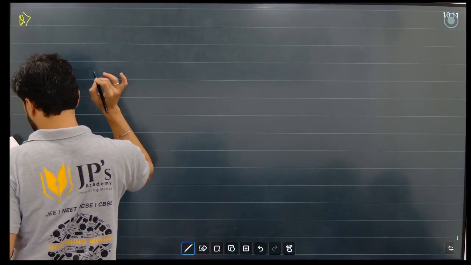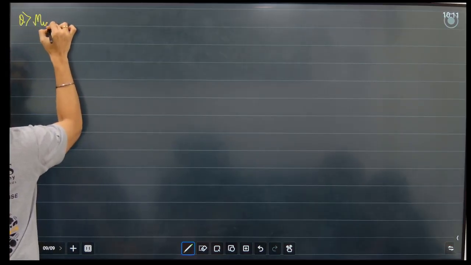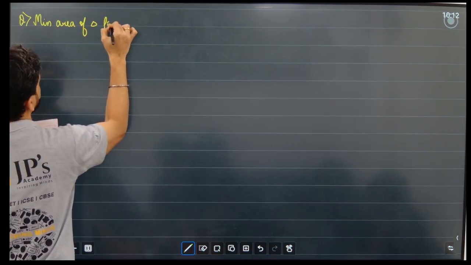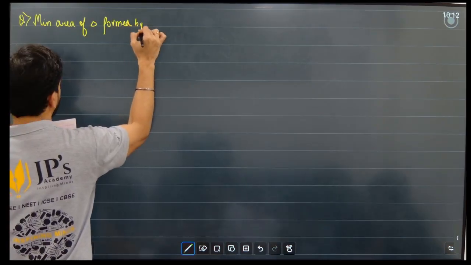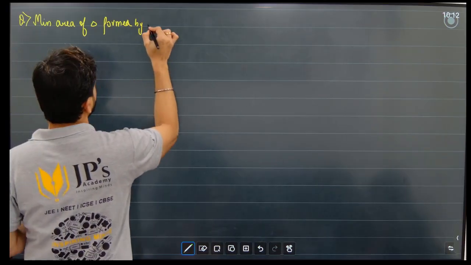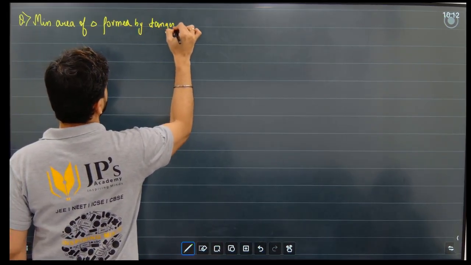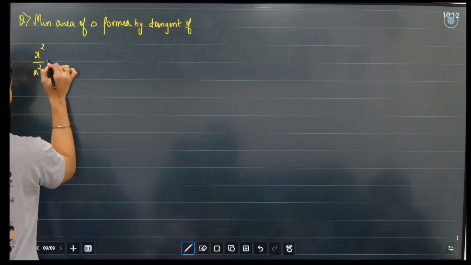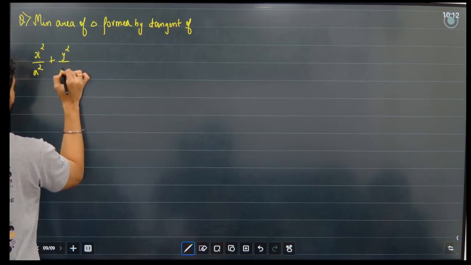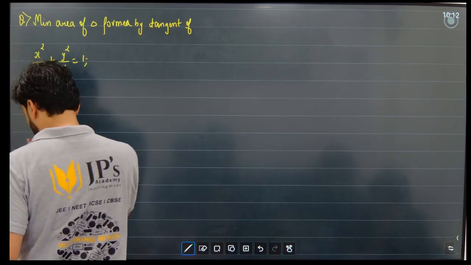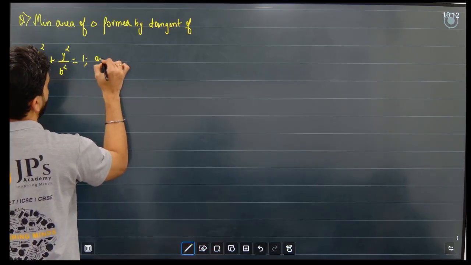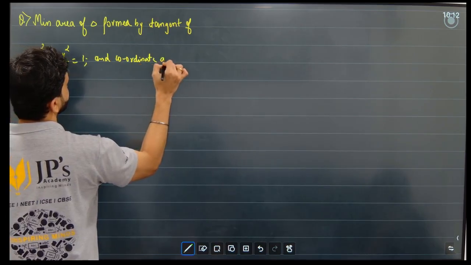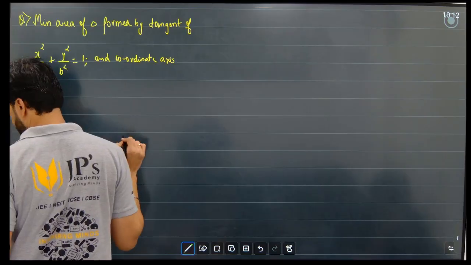Now a standard ellipse is given to you. Find the minimum area of the triangle formed by the tangent of x square upon a square plus y square upon b square equal to 1, and the coordinate axes. Okay.